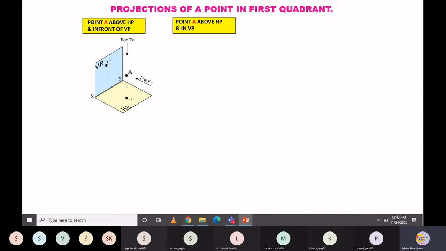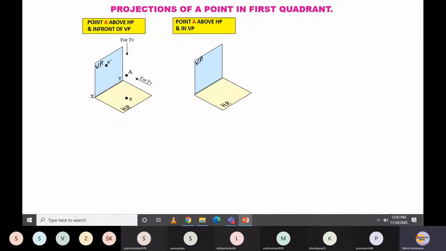Now let's see the second possibility. Let's say point A is above HP, similar to the previous one, and it is on the VP. You have to understand that point A is on the VP.